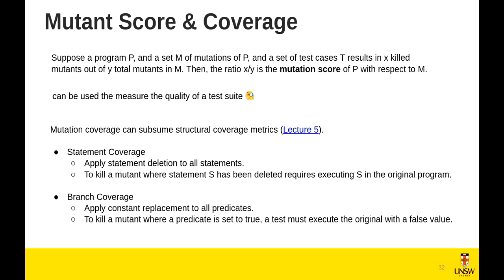And reversely, it is also true. If we set all the predicates to false, then the test case must be able to cover the true branch of the original program to kill this mutant. So this is branch coverage. Mutation coverage can actually subsume branch coverage as well.